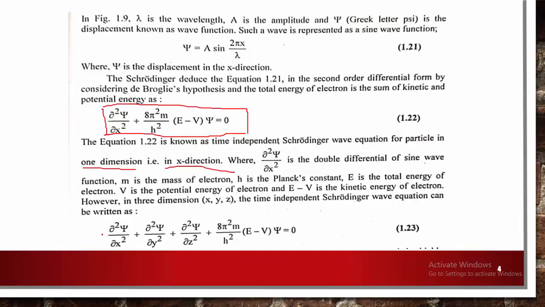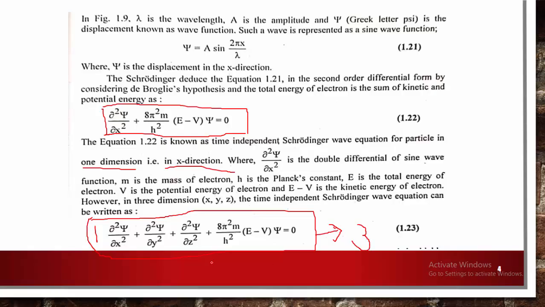So the equation can be written as del square psi upon del x square plus del square psi upon del y square plus del square psi upon del z square plus 8 pi square m upon h square into (E minus V) psi equals 0. This is the time independent Schrodinger equation for three dimensions.